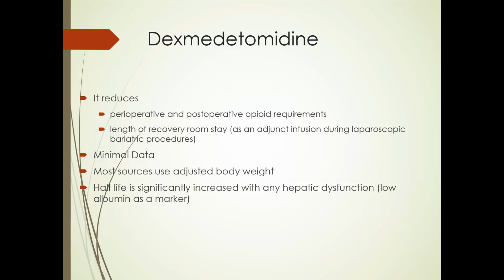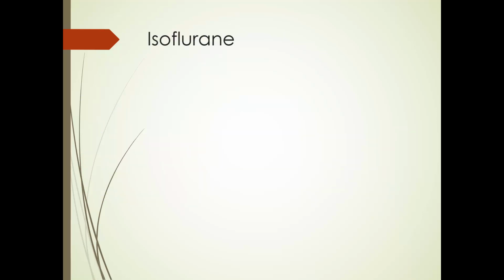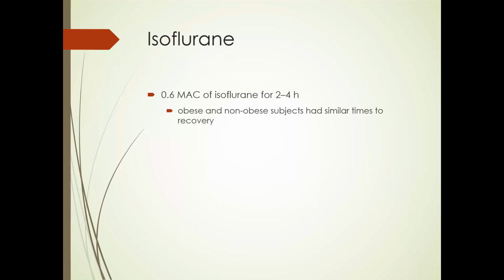So if the patient has an elevated INR, any concerns for liver synthetic function problems, or a low albumin, which could be a marker for liver disease, be very careful about dexmedetomidine, because if you use normal dosing in these patients, they're going to be asleep for 24 hours.